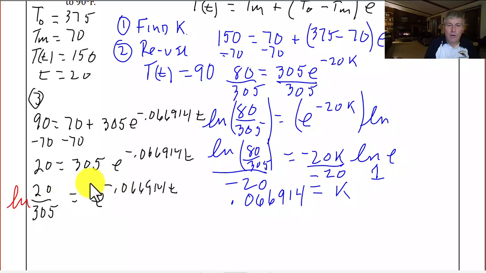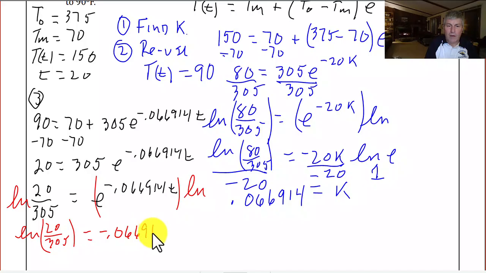So the natural log of 20 over 305 equals negative 0.066914 t times natural log of e. So when I do that, the whole exponent comes down in front using that power rule.